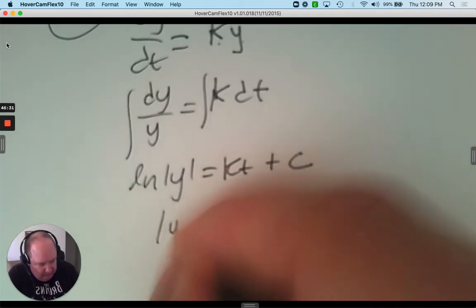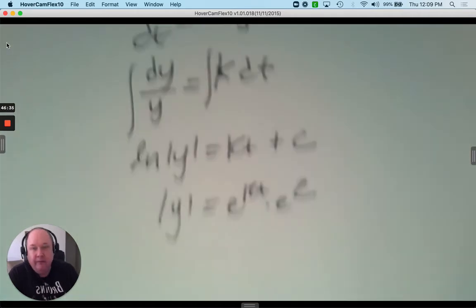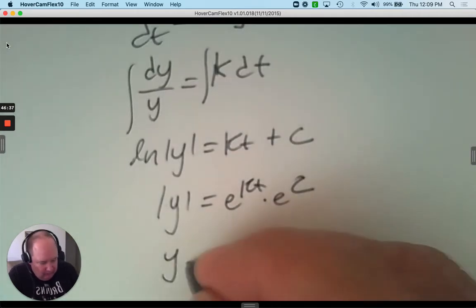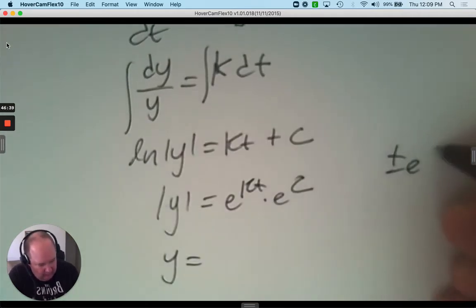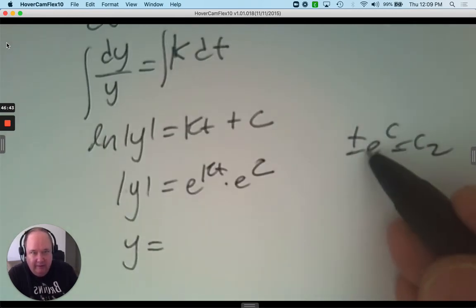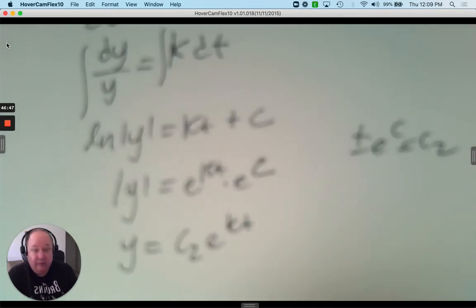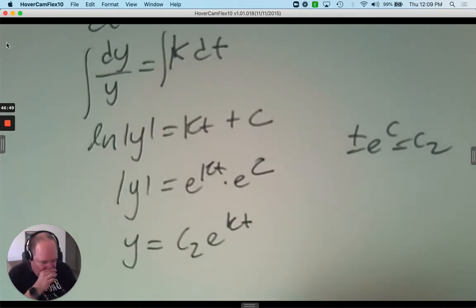Write it exponentially. And then to remove the bars, we're going to replace plus or minus e to the c with c2. And really, this is just PERT, P times e to the rt.